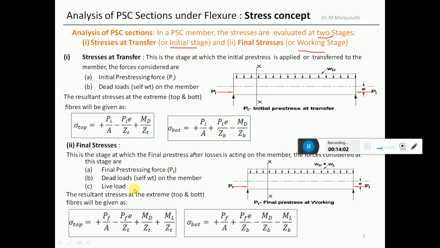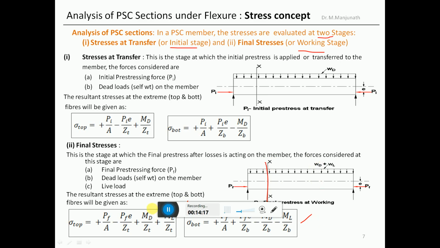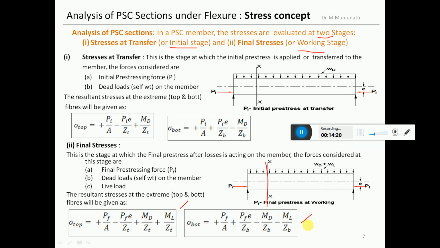And the resulting stresses at any fiber, at any section, are given by these expressions. So here PF is the final prestressing force, which is after all losses. If Pi is the initial prestressing force, nu is the loss ratio, then we have PF is equal to nu into Pi. Usually the loss ratio is between 0.8 to 0.85.